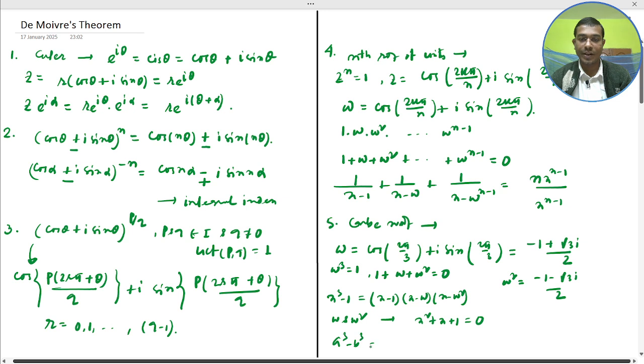Next, a cube minus b cube is written as (a minus b)(a minus b omega)(a minus b omega square).